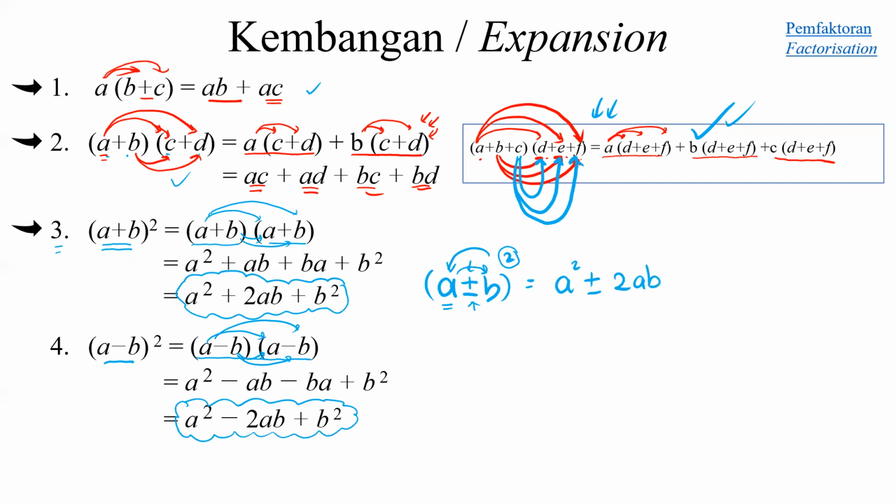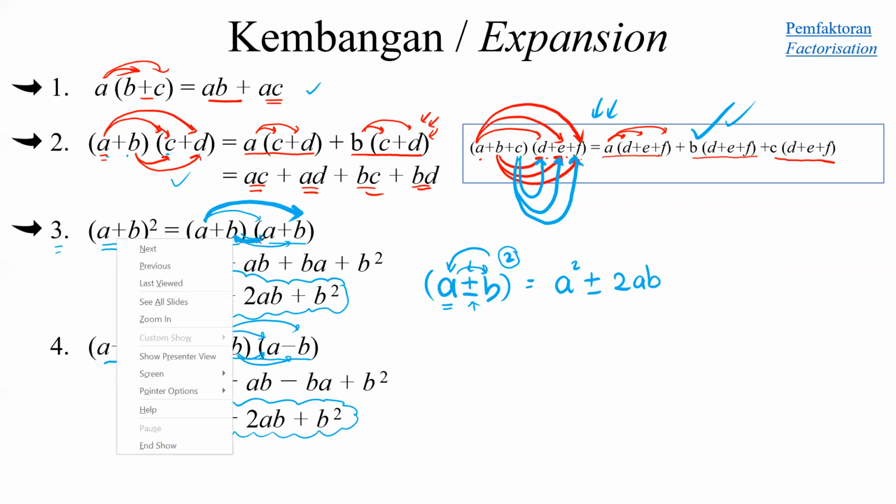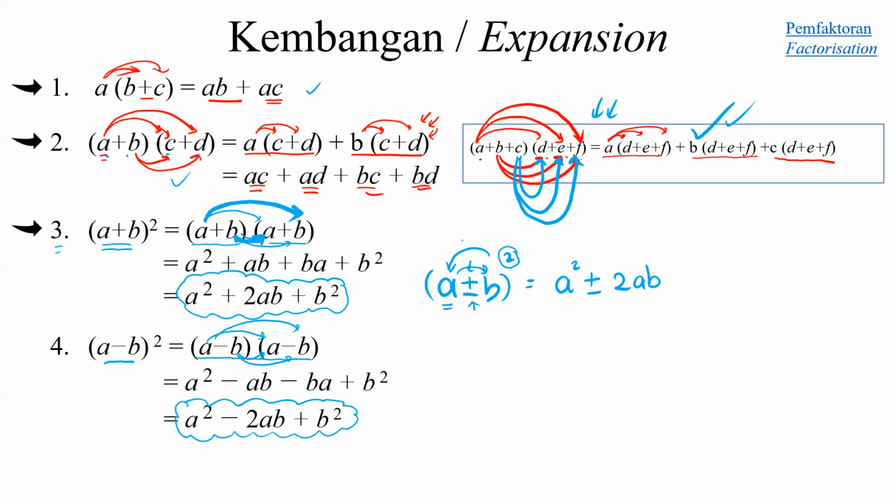Why? Because if you expand using the long expansion way, a times b, and then the same thing, just that the position is swapped, b times a, isn't it? You have twice of it. That's why you have 2 times a times b, so 2ab. And then the last part will always be positive, b squared. Why?